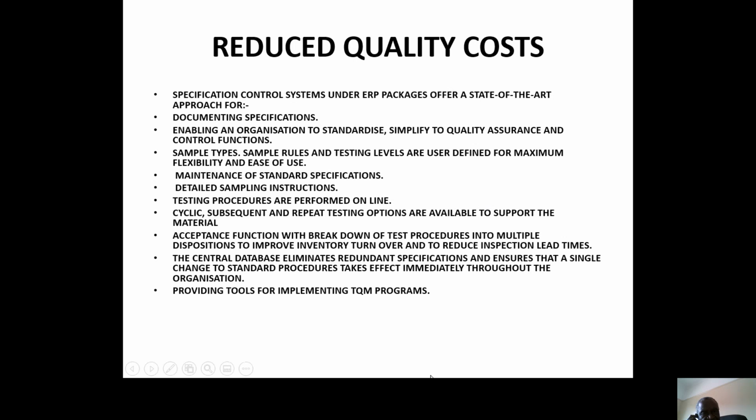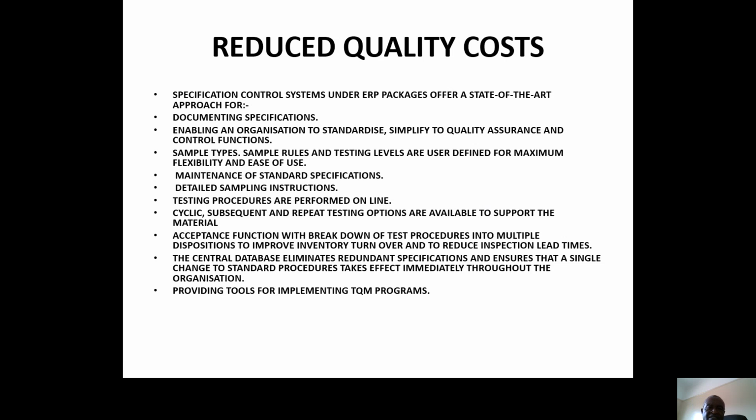Reduction of quality cost. This you can read and understand. Documenting specifications, enabling an organization to standardize their operations. Sample types, rules and testing levels are used to define, because everything is computerized.